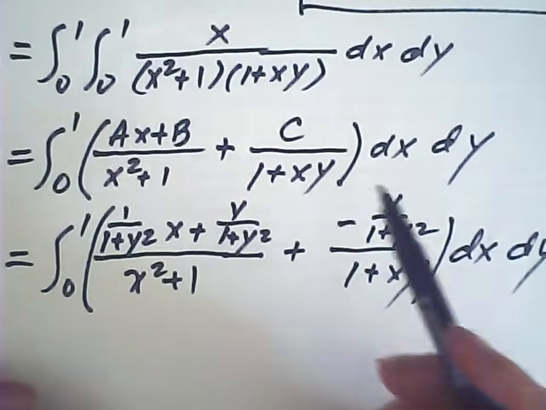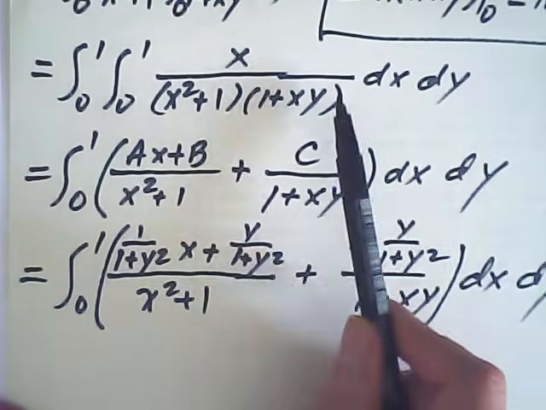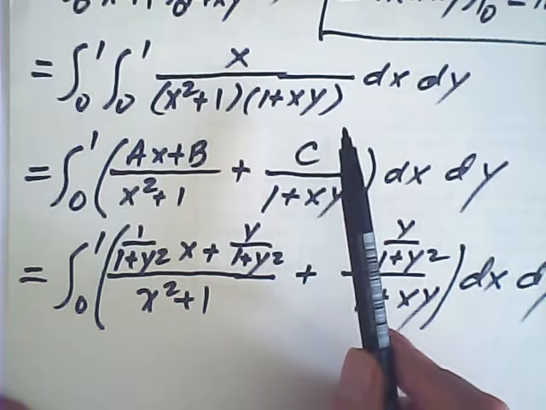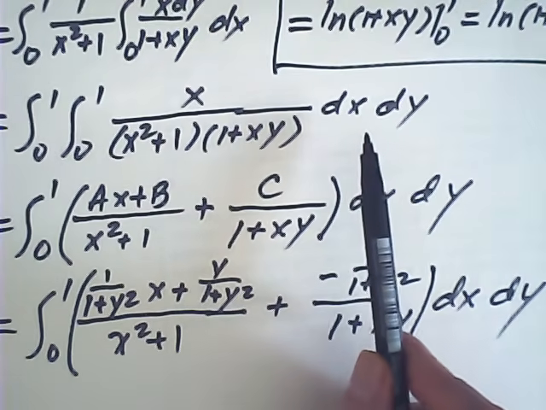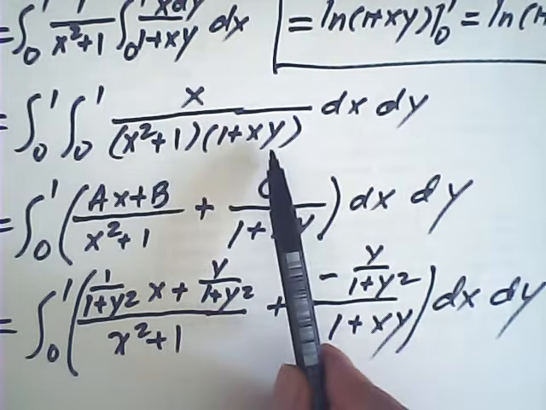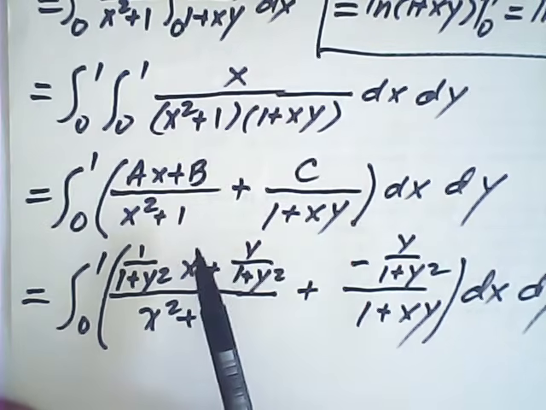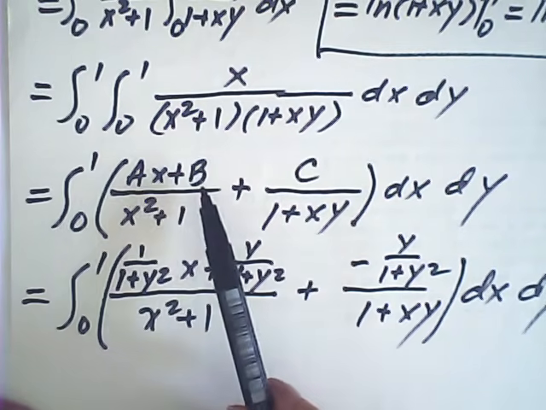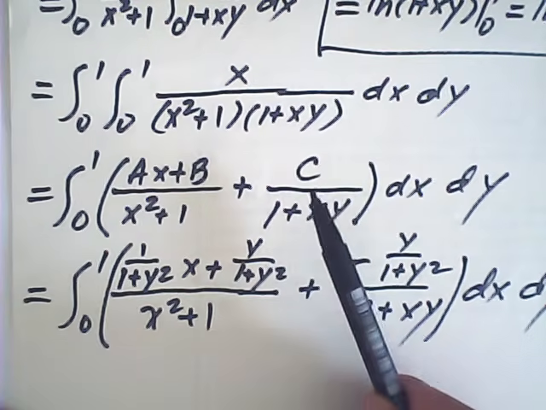See, this rational function, if I consider y a constant, when integrating with respect to x, y is a constant. Therefore, we can do this one as partial fractions. This is quadratic, therefore this is ax plus b. This is linear, so it is a number on the numerator.